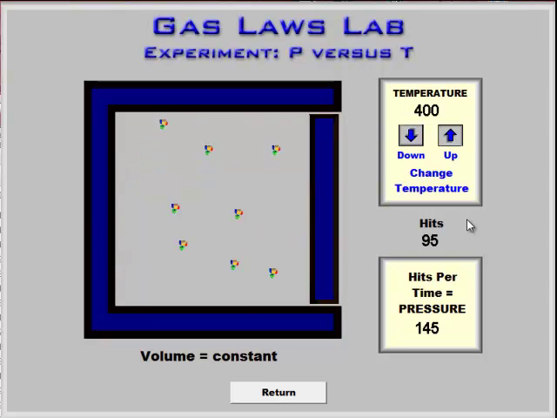So this will be our 2 points of data, our temperature and our pressure data. And we'll graph that. I like the fact that the students can see exactly what's really going on. They can see the molecules in motion. They get a real good idea of what it means when you increase that temperature.